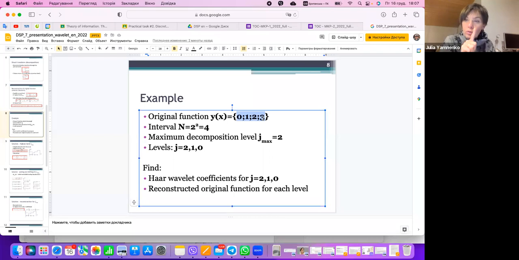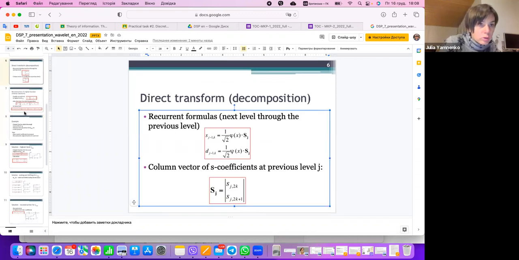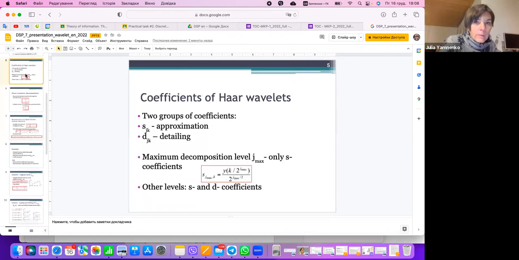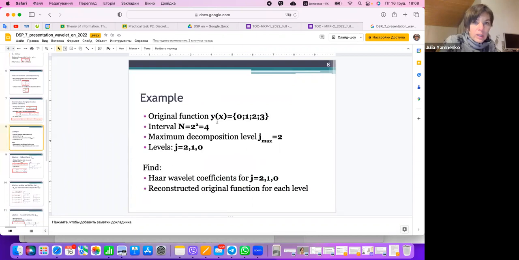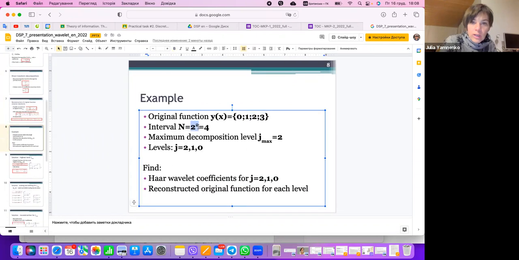And also you should be sure that this number is a power of 2, so 2 to the power of something. Here we have 4, and of course we know that 4 is 2 to the power 2, right?